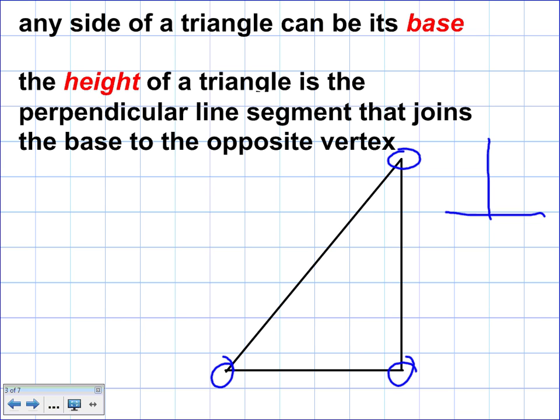So the height in this example would be here in green, because this is our perpendicular line that connects the vertex to the base. So we have our base and we have our height, and we can use that information to develop a formula for the area of a triangle.